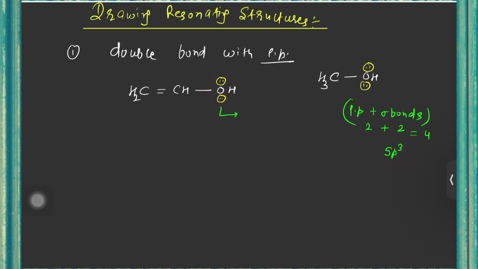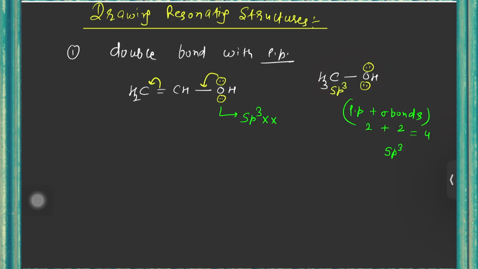It again has 2 sigma bonds and 2 lone pairs, but it is not sp3 hybridized. Why, sir? Isn't it following that rule? Actually, this lone pair can undergo resonance. This lone pair can do resonance, but this one cannot do resonance. Why? Because it is attached to an sp3 carbon atom.